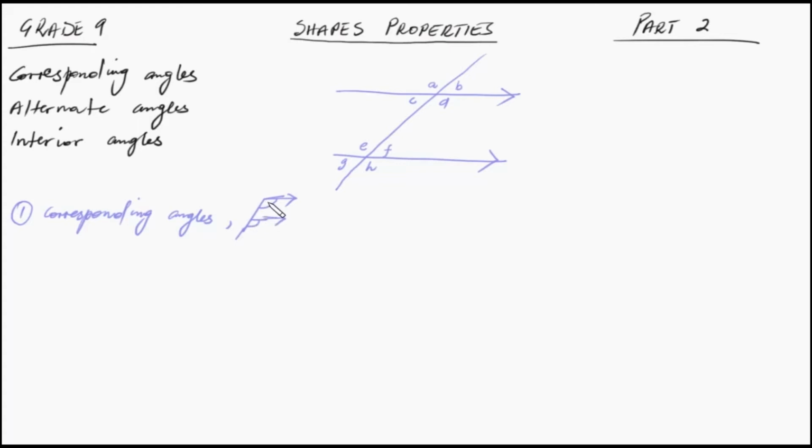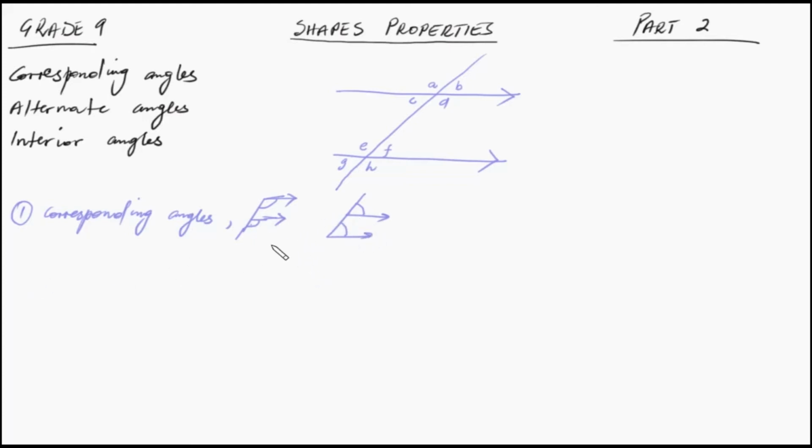So this angle corresponds to this one. Sometimes the F could be this way. Don't panic when you see something like this. It's still our F. So this angle and this angle are corresponding. Whether it's an inverted F or an upright F, it doesn't matter, as long as you can see an F shape, okay? So you talk of corresponding angles.